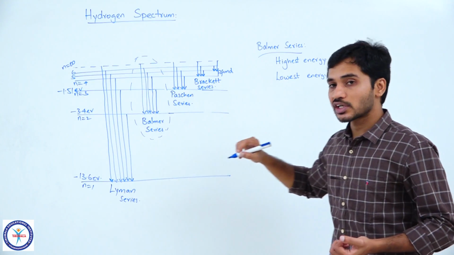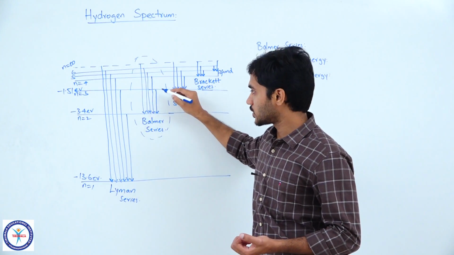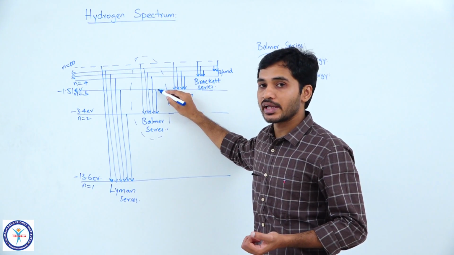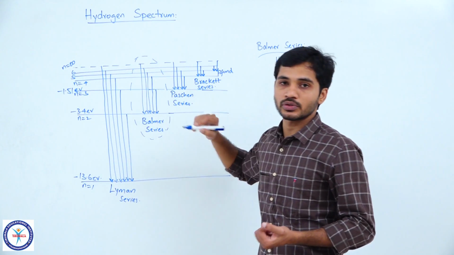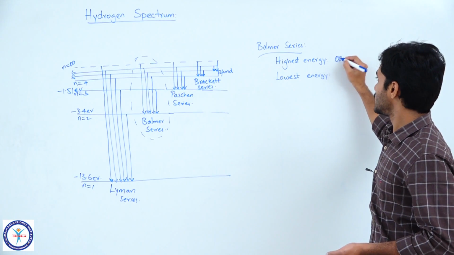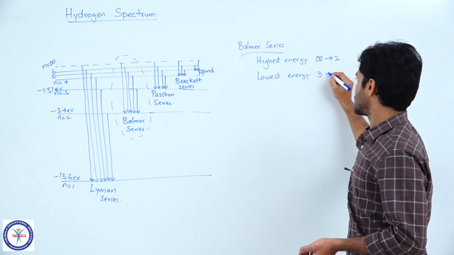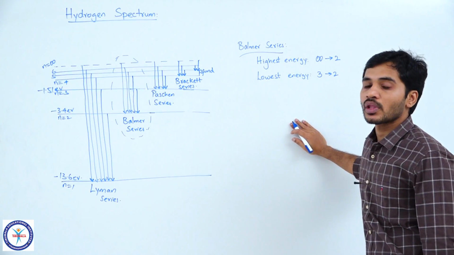The highest energy corresponds to the infinity to 2 transition, and the lowest energy corresponds to the n is equal to 3 to n is equal to 2 transition.